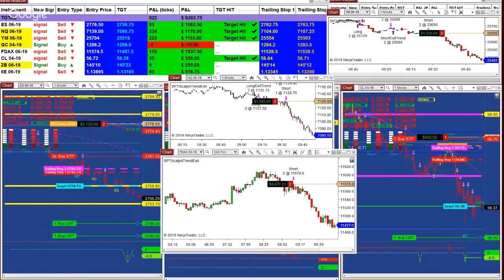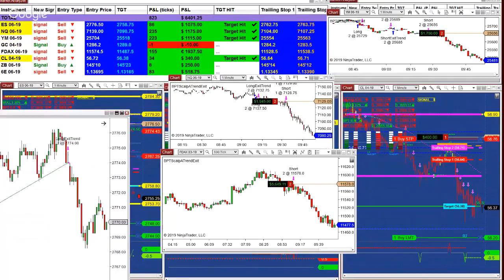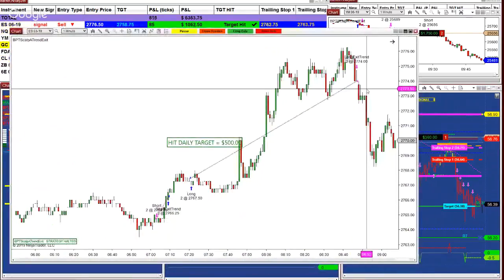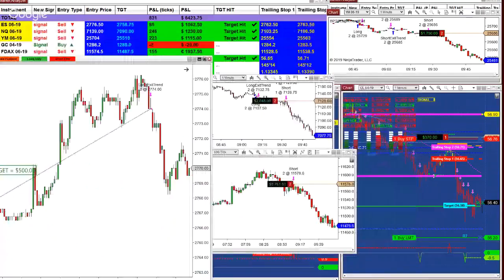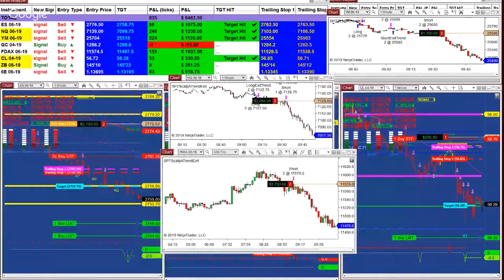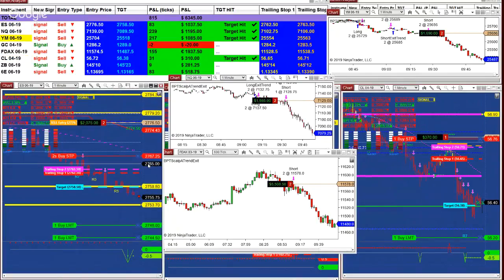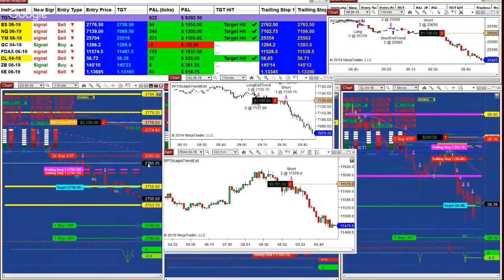And the sad part is, all of them are on 500, but we missed that trend here because we already hit the daily target, so it's not going to take any more trades. It's finished. So we are done on the short side, and now we are waiting for a signal for a long side, and we will see once we are done with the downtrend, we will have a buy signal.